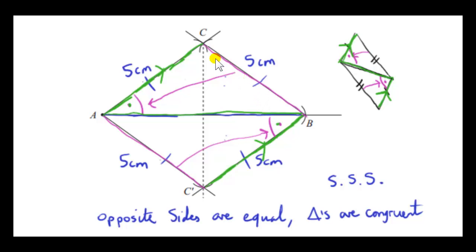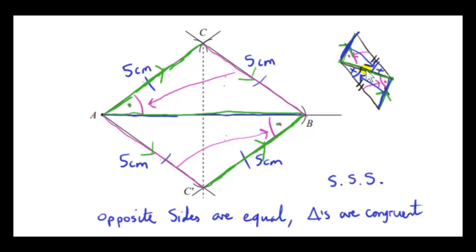And similarly for the other two sides, we can easily show that they're parallel using a very similar argument, just like here. This angle is opposite this side here, which is the same as this side. So we're talking about these two angles now.